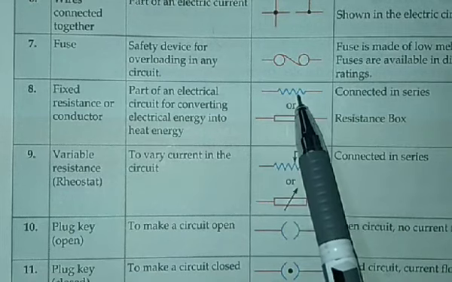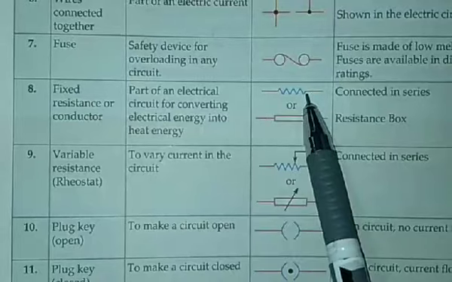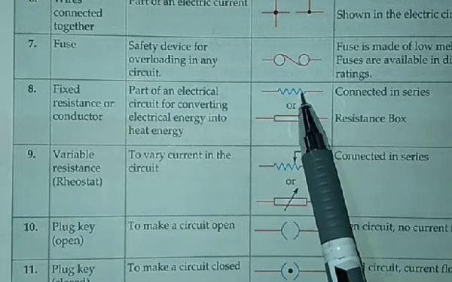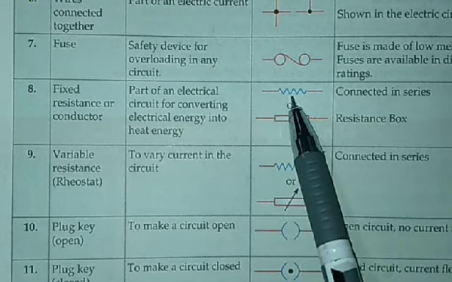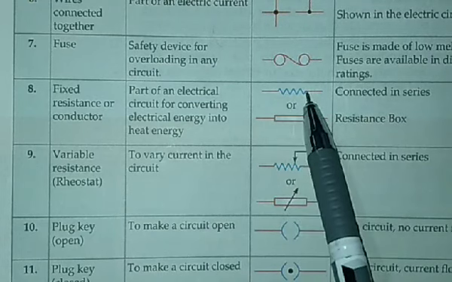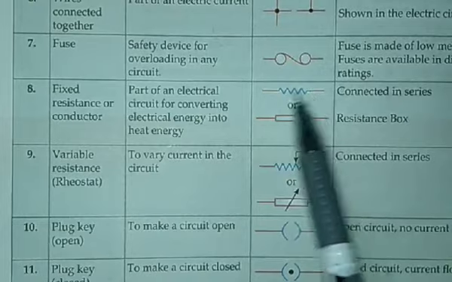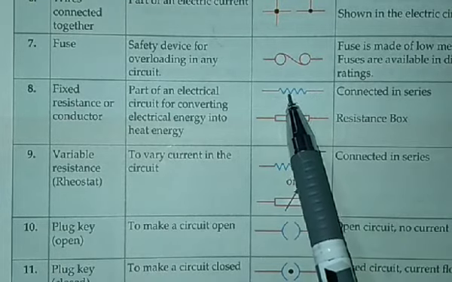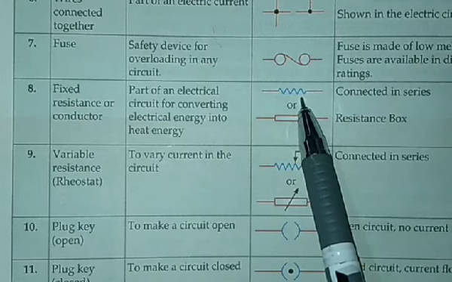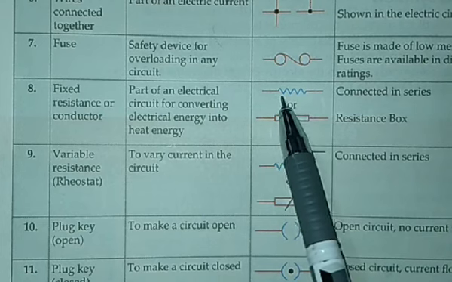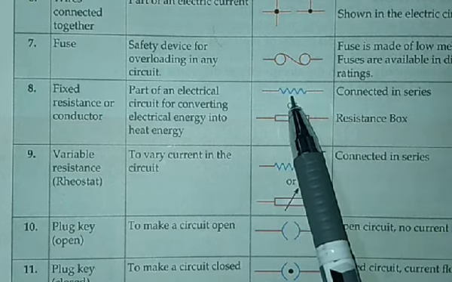If the resistance is increased, then the amount of current will be 5 ampere or 10 ampere. And if more resistance is added, then the current will be 1 ampere or 2 ampere. It means resistance and current are inversely proportional. If resistance is increased in a wire, then the current flow decreases. But if the resistance is decreased in the wire, then current can flow smoothly.